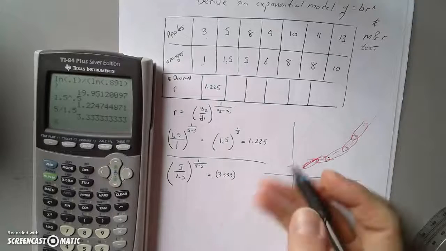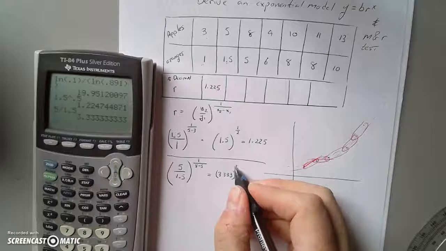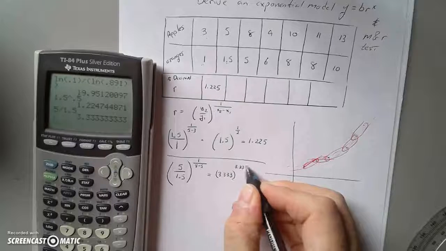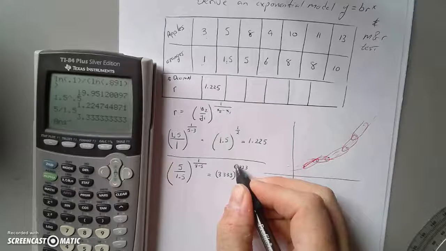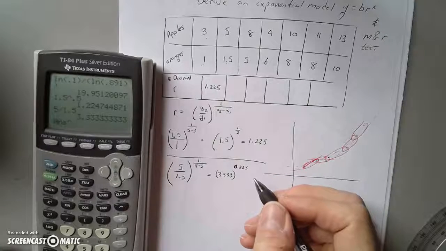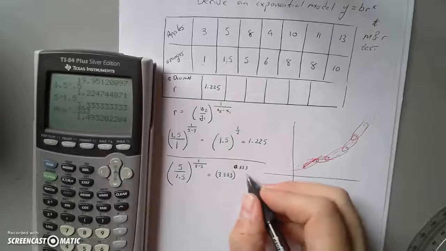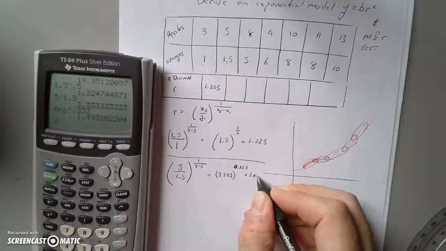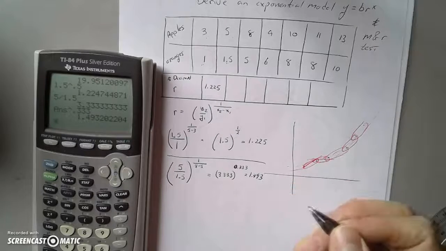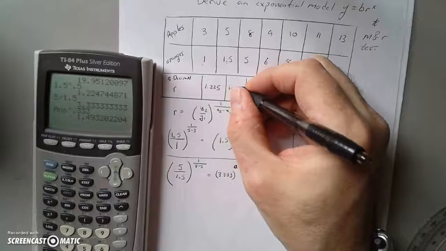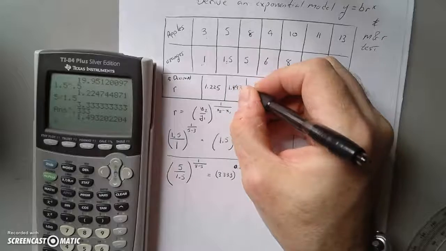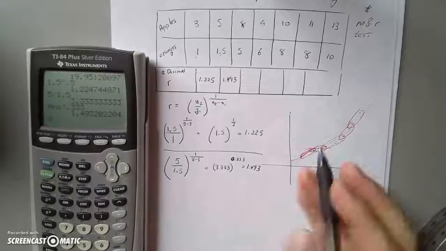And then 8 minus 5 is 3, so this is going to be to the power of 0.333. And I'll get 1.493, rounding to the third place, 1.493. I'll do one more, then I'll have you finish the rest.